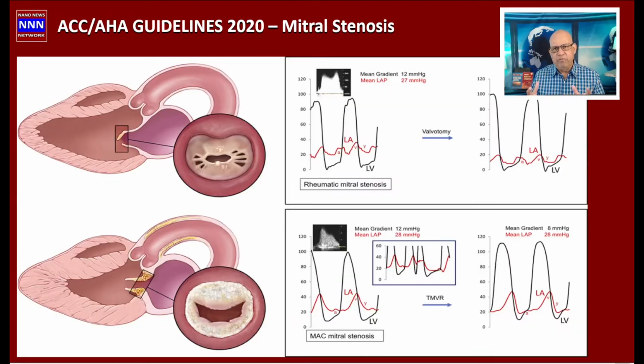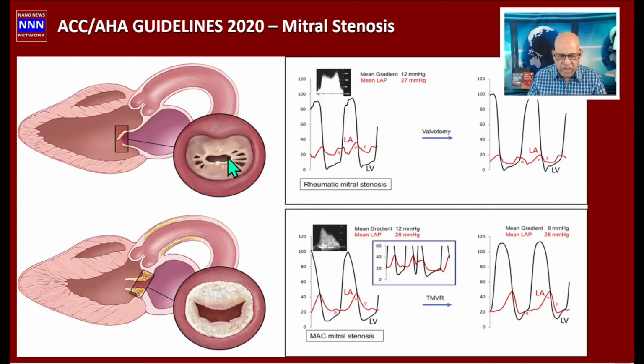As you know, mitral stenosis creates a gradient between the left atrium and the left ventricle. Because of the narrowing, there is increased pressure in the left atrium, leading to reduced stroke volume going into the left ventricle.